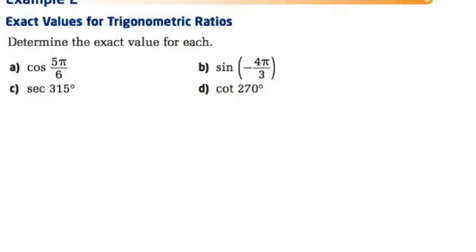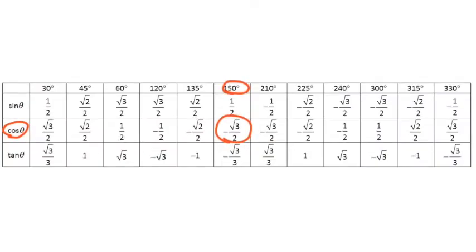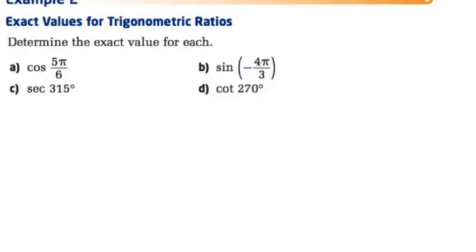Flip over, have some space for C and D. C and D, we've already got degree measures, but we have secant and cotangent, which, looking back at the table, we don't have secant or cotangent in there. But we do know the relationship between secant, cosecant, and cotangent, and sine, cosine, tangent.